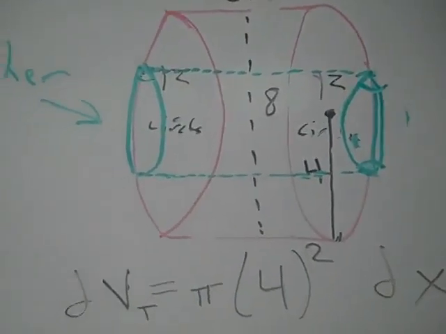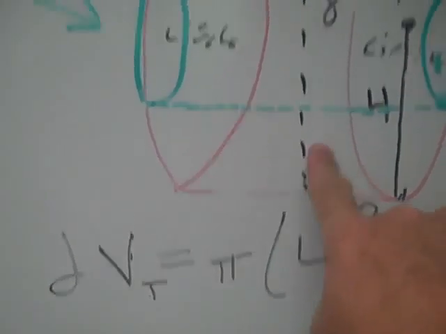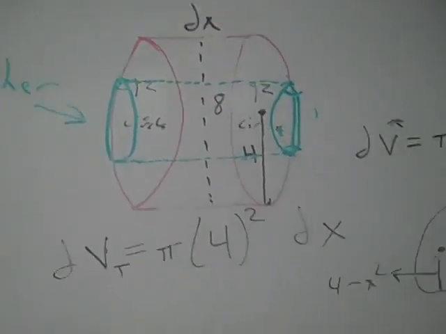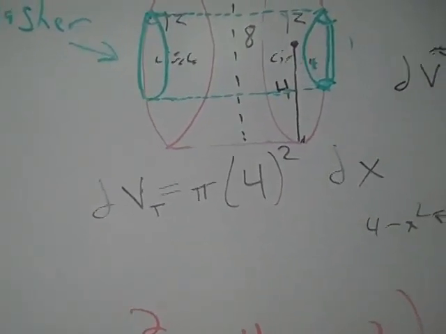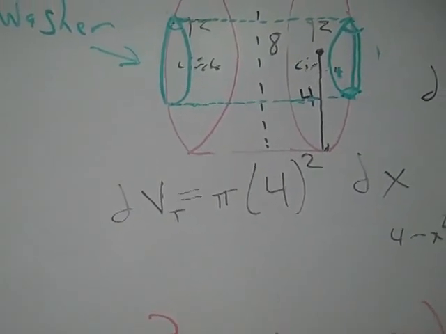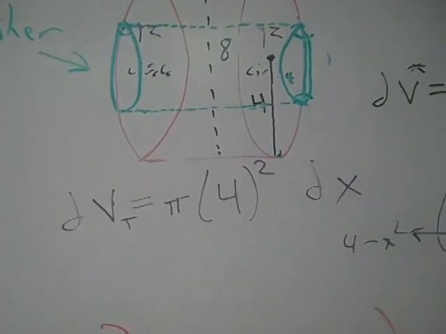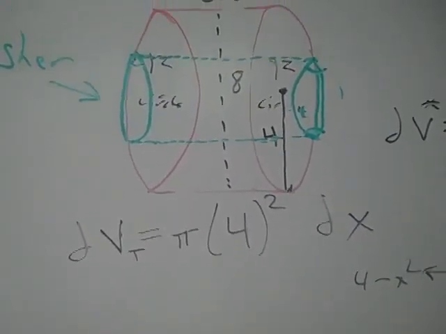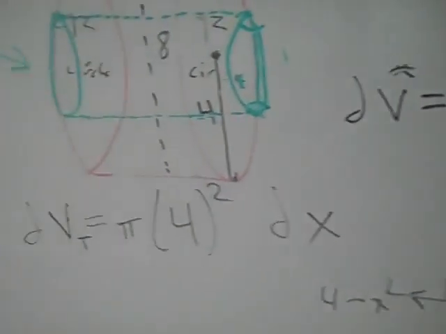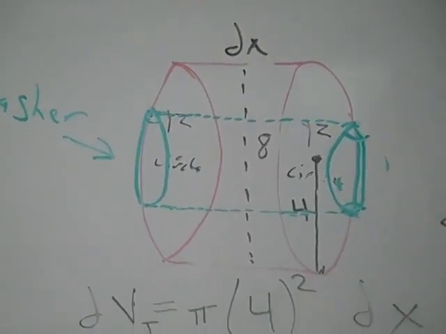Okay, now the infinitesimal volume is going to consist of this and this, but not the region enclosed by the green. So in effect, you can think of it, we're going to subtract these infinitesimal volumes. We're going to do dVt, this guy, minus dV star, this guy, and that infinitesimal volume will be this leftover pink portion that's not entrapped by the green.